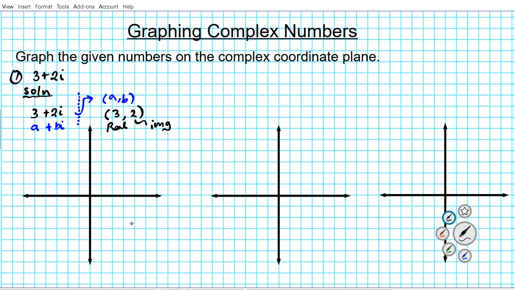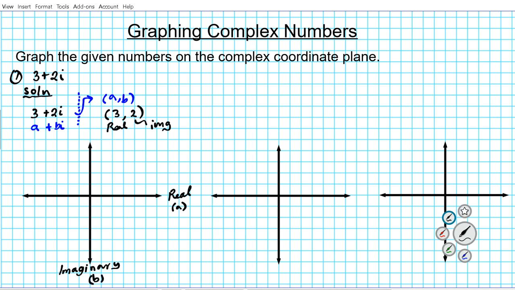All right, so let's label our coordinate system that we have here. The standard x-axis, the horizontal axis, is the real axis. This is where you graph your a value. And then the y-axis is your imaginary axis. That is where you graph your b value.